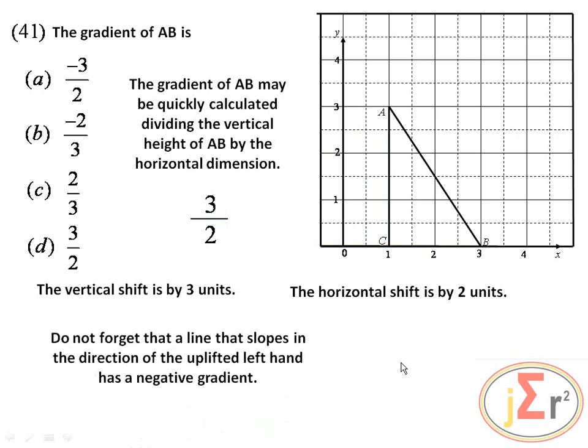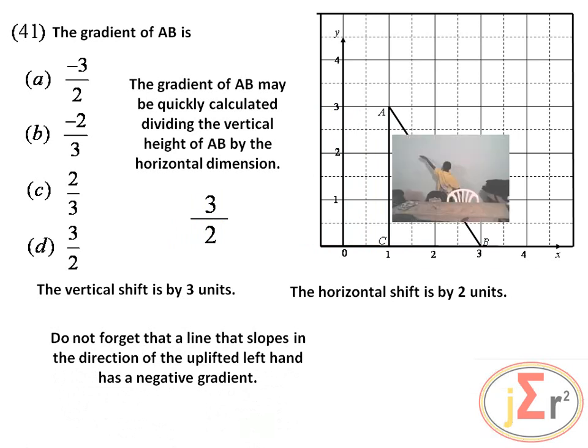Let's see. Do not forget that a line that slopes in the direction of the uplifted left hand has a negative gradient. So there we have the uplifted left hand, or the entire arm. So we will say then the left arm is lifted when we have it sloping in the direction in which the left arm slopes like that. We are talking about a negative gradient.